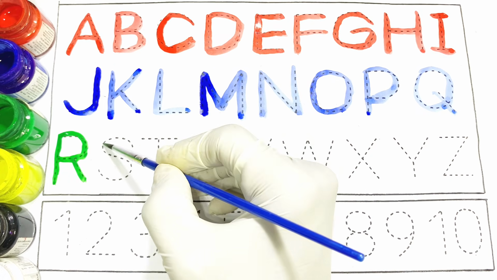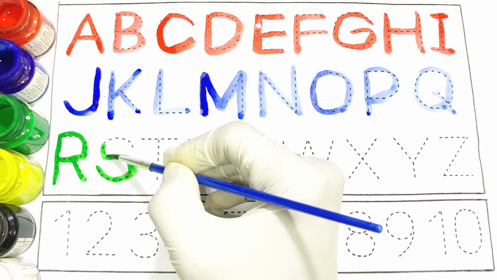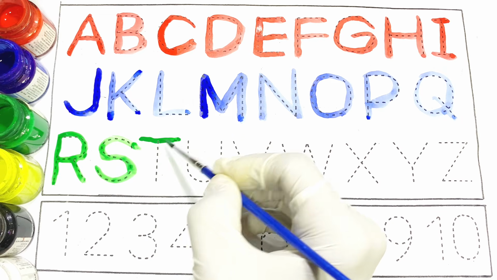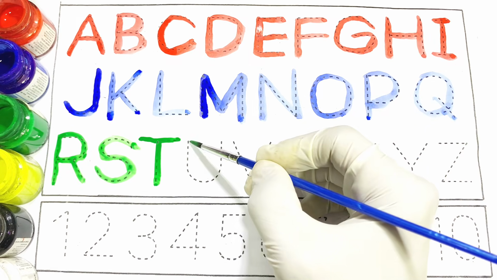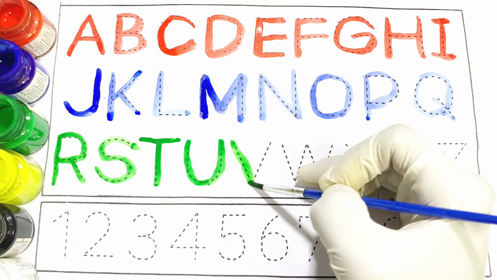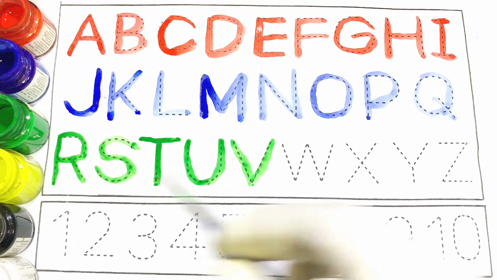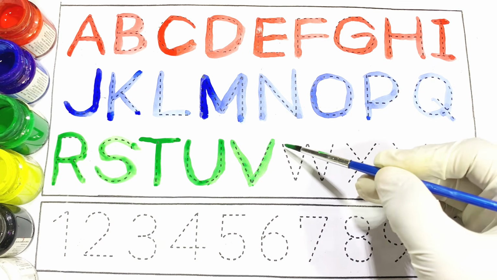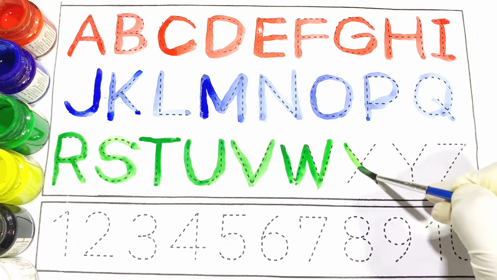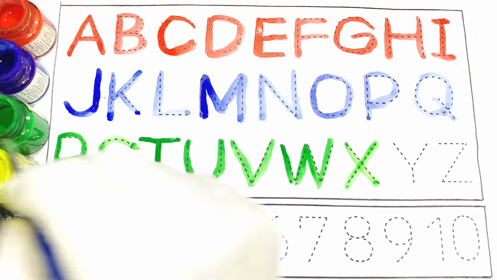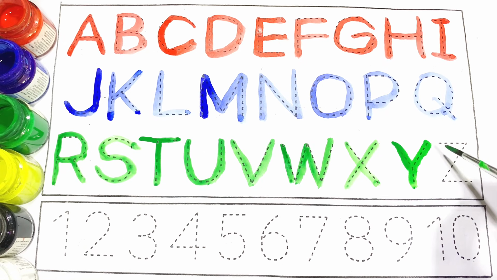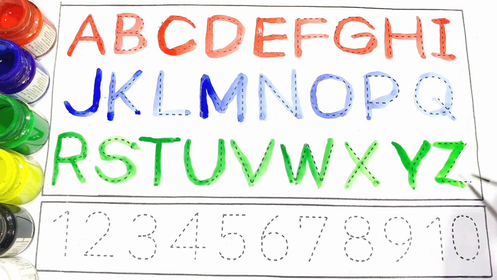R for rose, S for sun, T for teacher, U for umbrella, V for van, W for wallet, X for telephone, Y for yo-yo, Z for zebra.